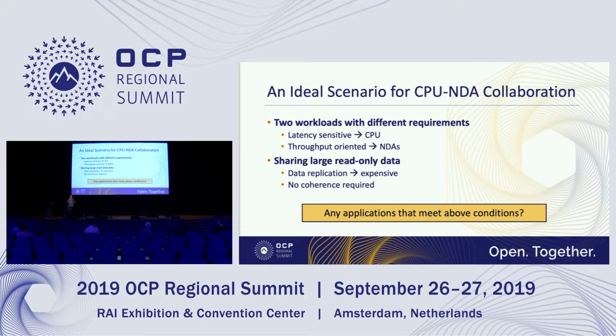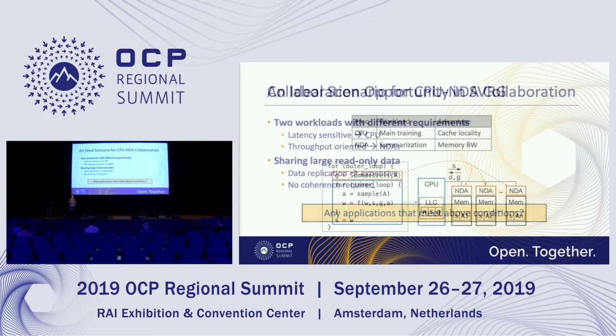The other type will be throughput-oriented workloads, which will be a good fit for NDAs. And the CPUs and NDAs have to share large read-only data. Because it's large, data replication is expensive. And since it's read-only, we don't have to maintain coherence for sharing this data. So these are two requirements, and I was looking for an application that meets these conditions.